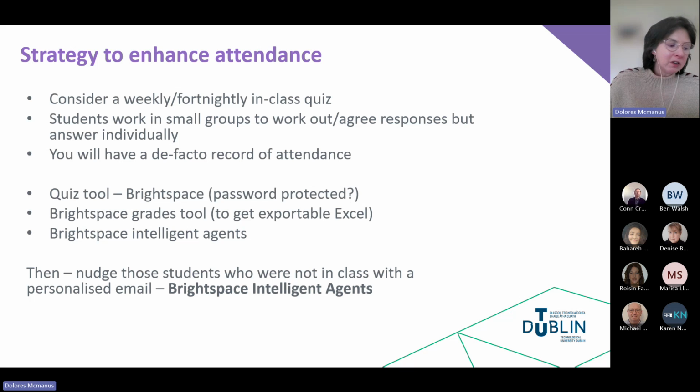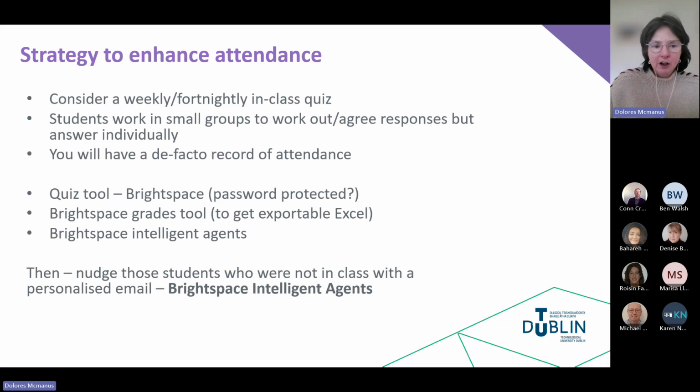But further to that, you can also use the Brightspace Intelligent Agent to draft and send what looks and feels to the student like a personalized email from you, indicating that you weren't in class with us recently, just checking in with you.